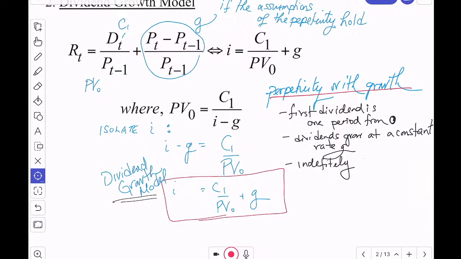Now, if you don't have these assumptions, you have to use this general form.